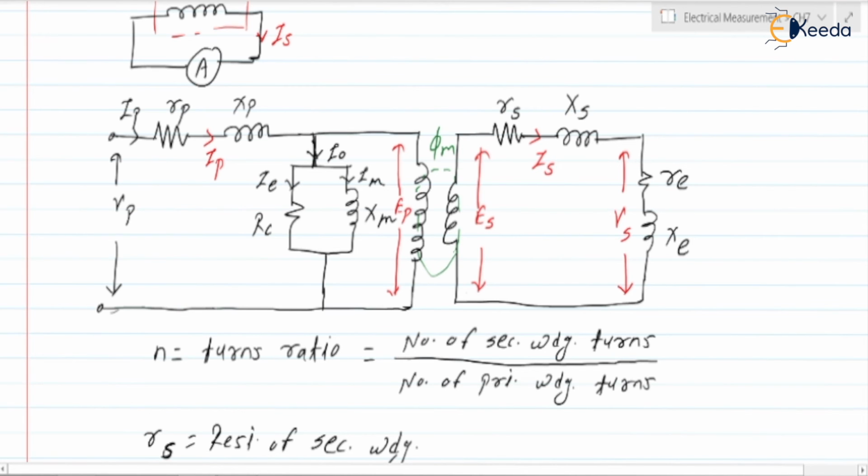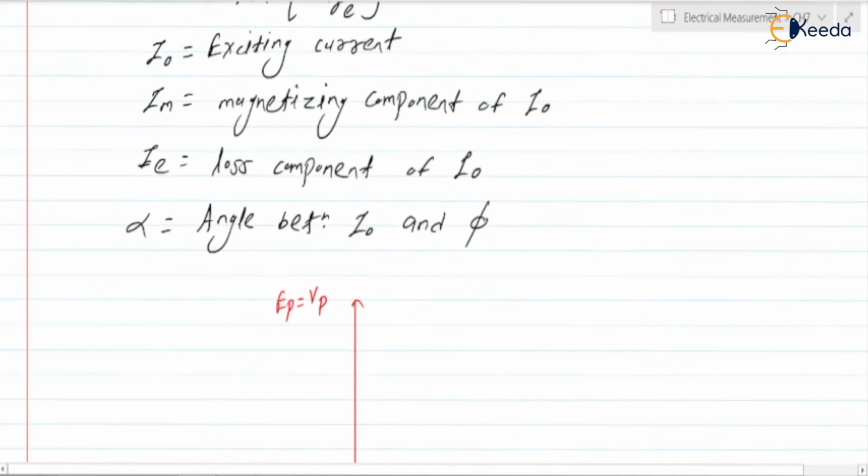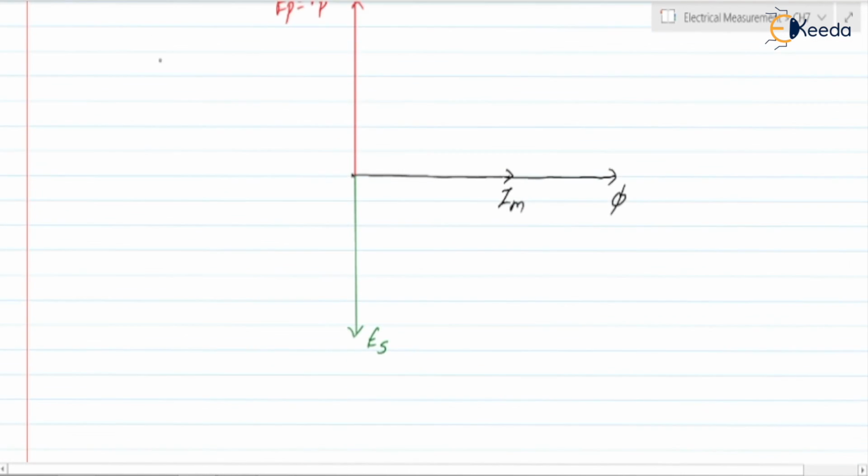Next, so here we can draw the phasor for Vs. Vs will be lagging to Es by some angle. Suppose this is the phasor for Vs. So this is the Vs phasor.